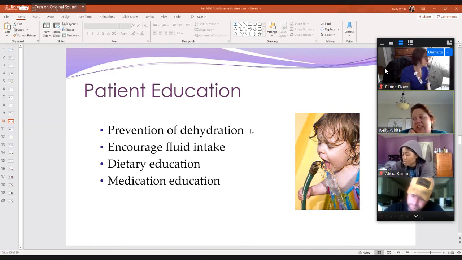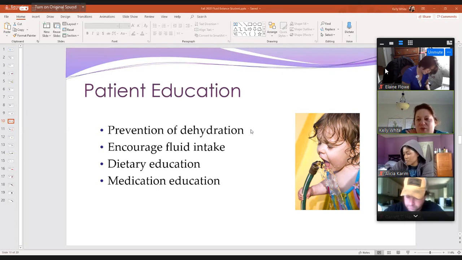We do want to teach our elderly to make sure that they're drinking even though they don't feel thirsty. And remember, we can tell them that fluid can be anything that's frozen that unfrozen would normally be in a liquid state. So like popsicles, ice cream, Jell-O, any of those things are going to help replace fluid.